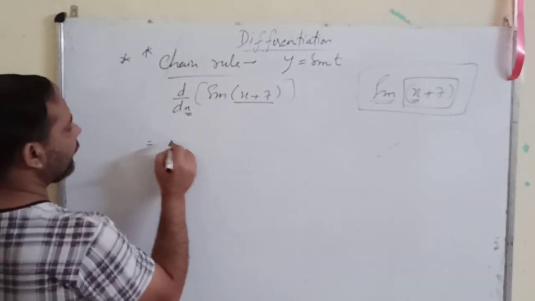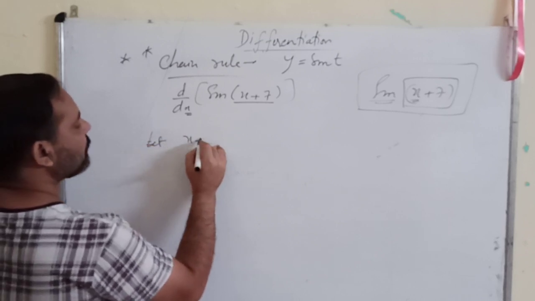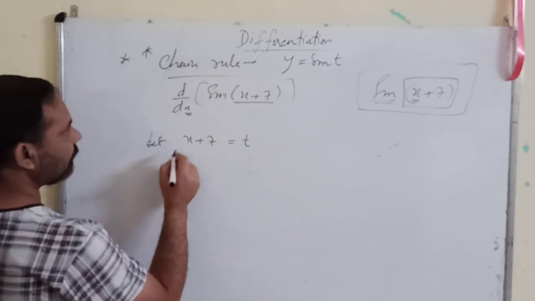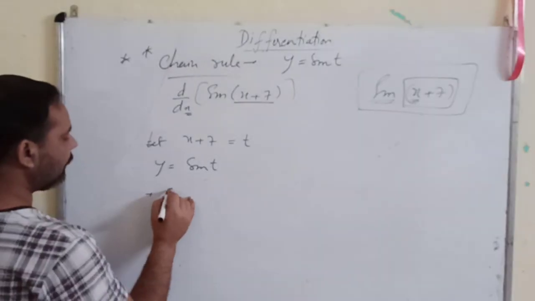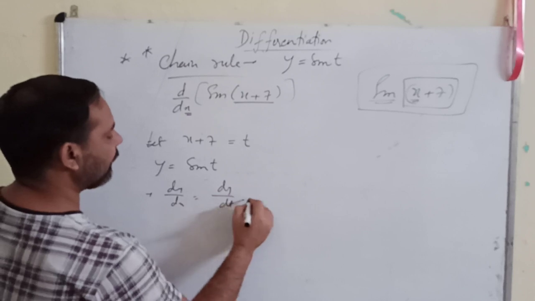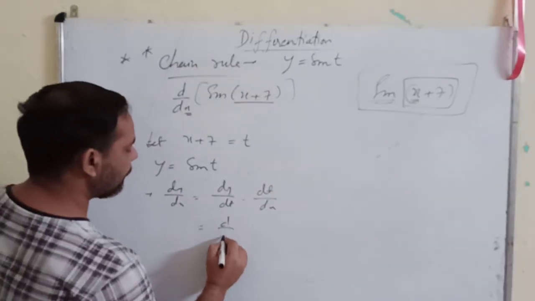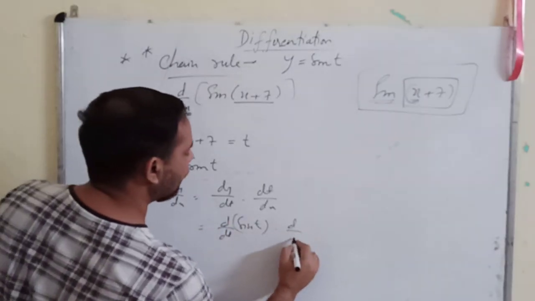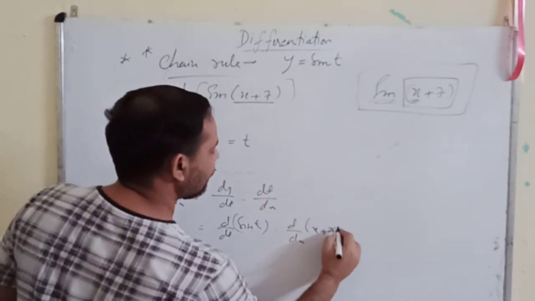So what we will do here, we will write like this. Let x plus 7 equal t. So your y becomes equal to sine t. Then dy by dx, you can write dy by dt into dt by dx. So this is d by dt of sine t into d by dx of, what was your t? t was x plus 7.